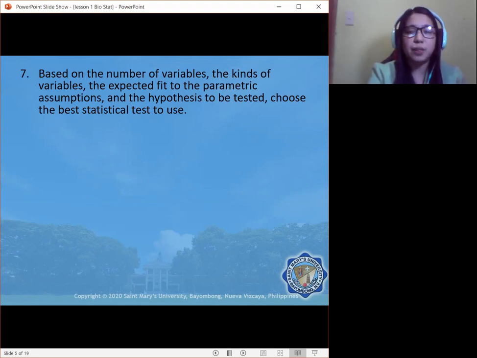Because there are several statistical tests available, in order for us to decide whether we are going to use a parametric test or non-parametric test, we need to check if it satisfies the conditions or assumptions of the test.